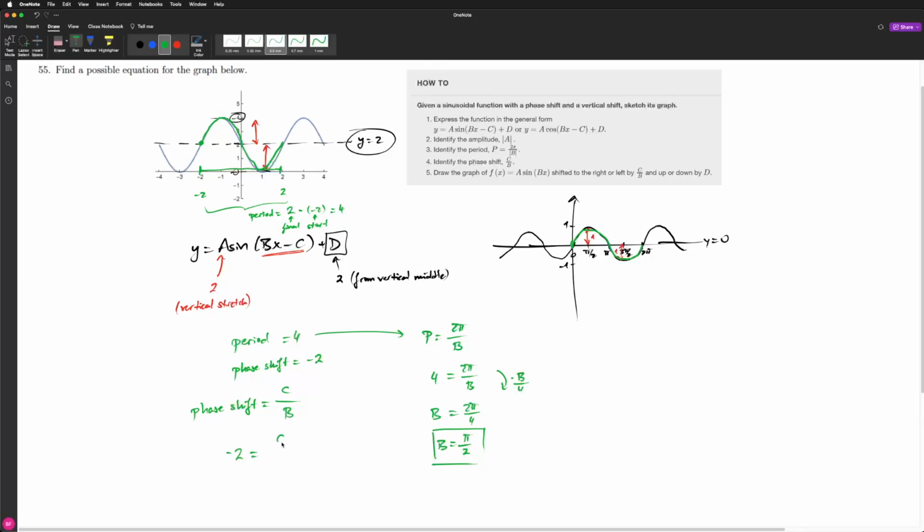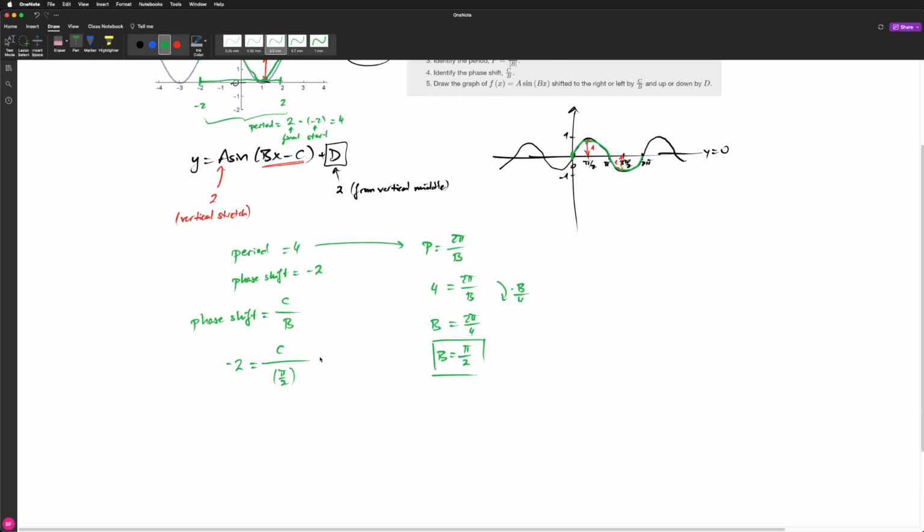Negative 2 is C over pi over 2. Let me make the fraction on the right nicer. Dividing by pi over 2 is the same thing as multiplying by 2 over pi. And if I solve for C, I will have to multiply by pi and divide by 2. And the 2's will cancel out, and minus pi will survive.